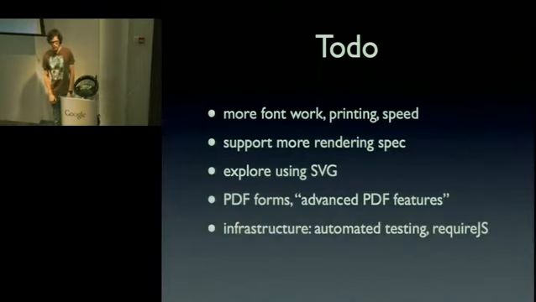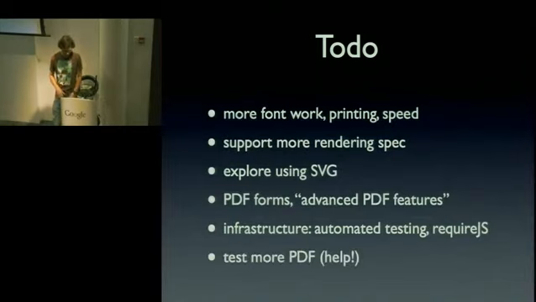Also, from an infrastructure point of view, someone who got hired from Mozilla is working on automated testing environments, such that you can say PDF.JS bot, please start testing, and it takes the pull request and checks all PDFs that we have and makes reference tests and sees if something changed or not. And also currently the entire code base is more or less all JavaScript style, so everything just goes to global space. So we might want to have something like Wire.js to clean that up.